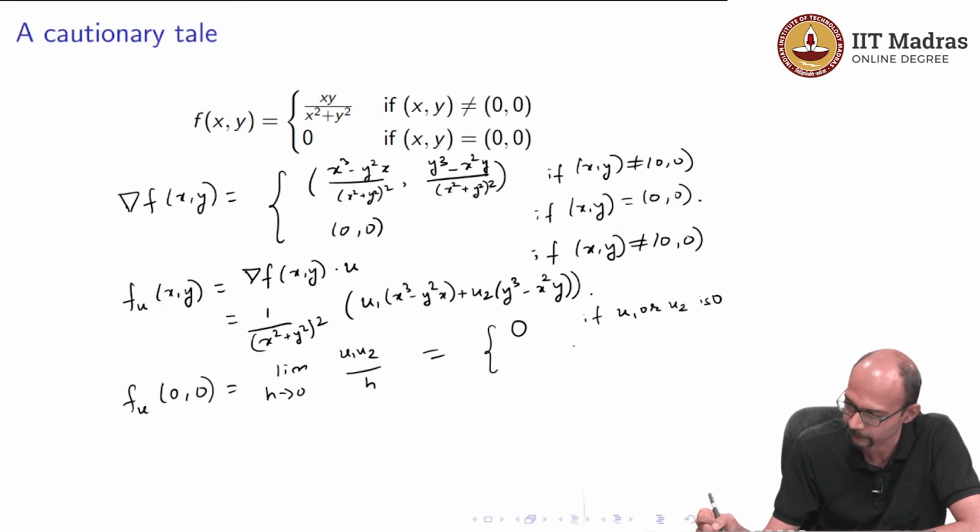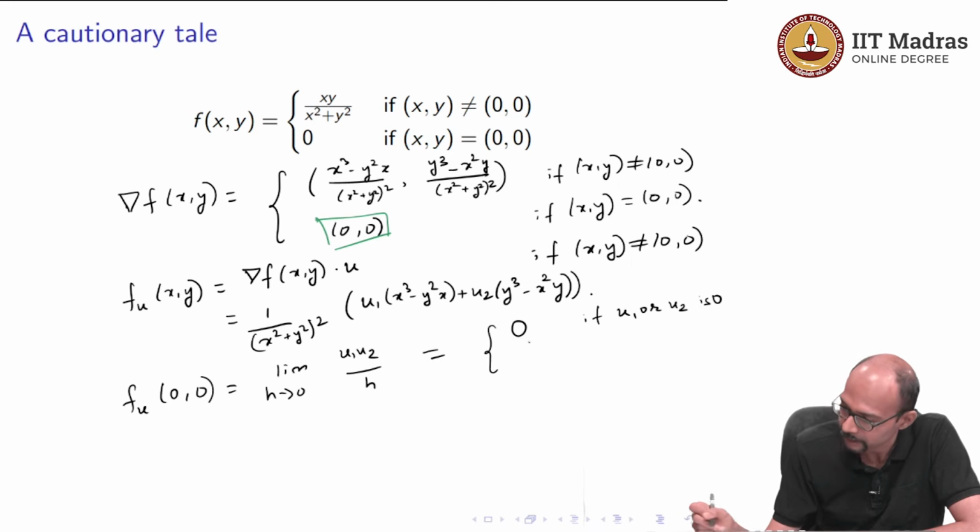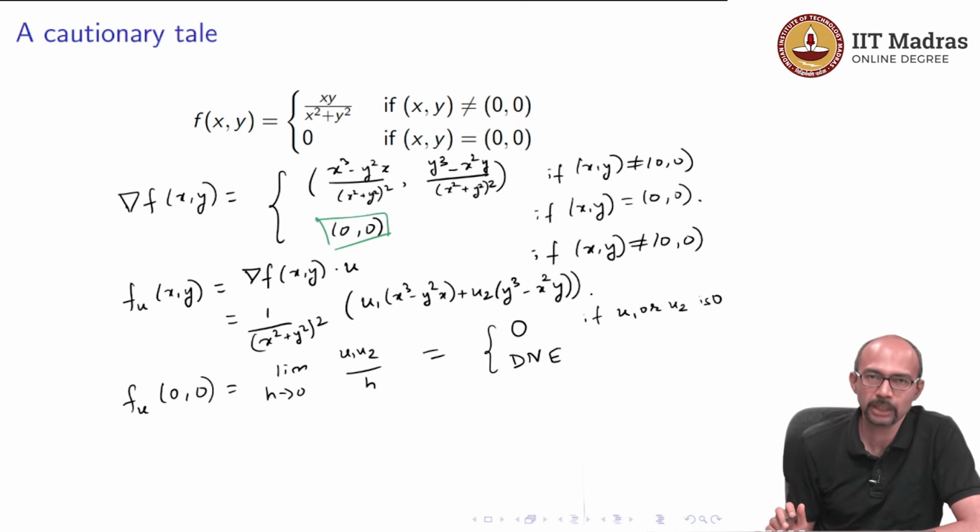So, those are the partial derivatives. The partial derivatives are 0, which we have from here as well. But if that is not the case, then this does not exist, because this is a limit of 1 by h or some constant by h, and so this does not exist.